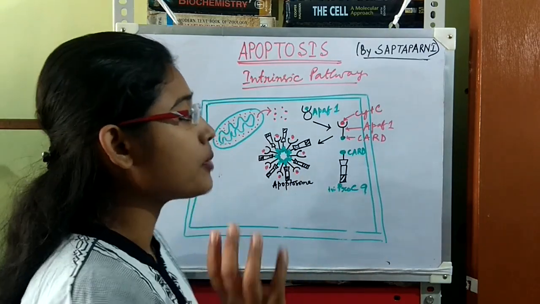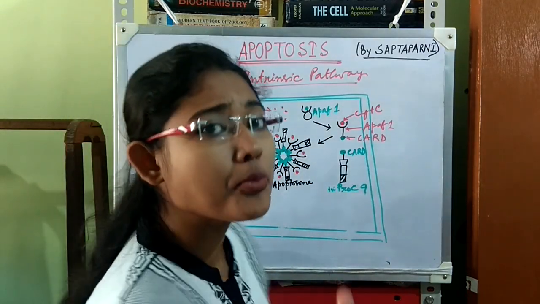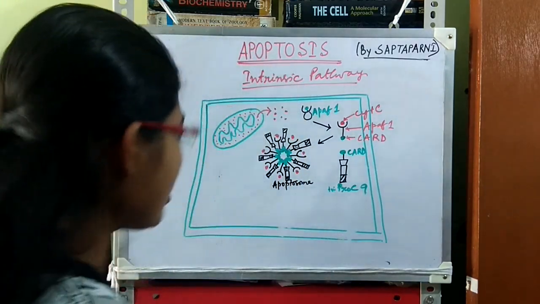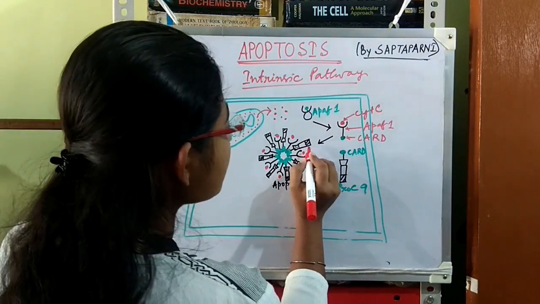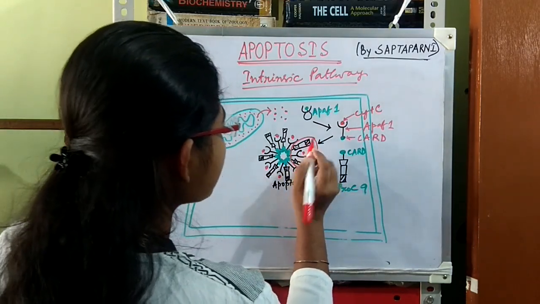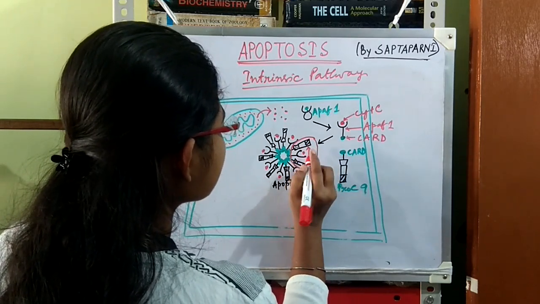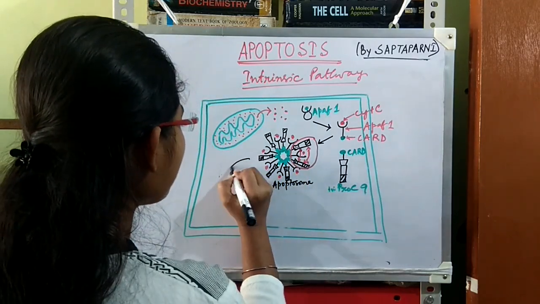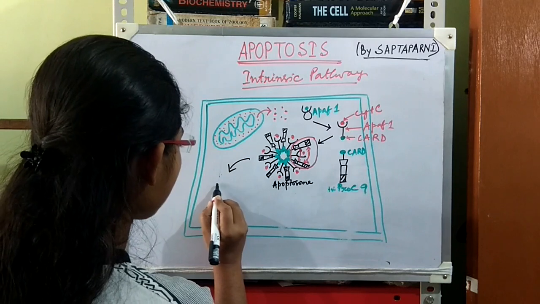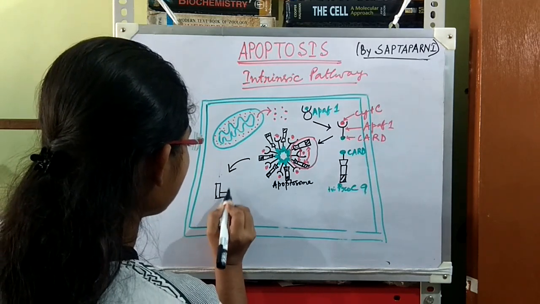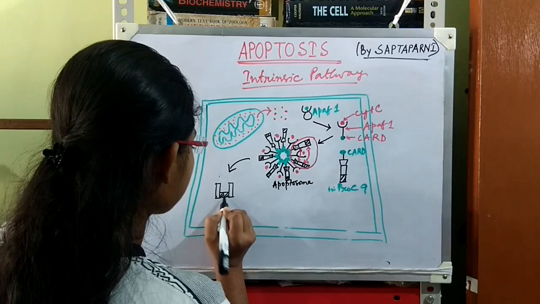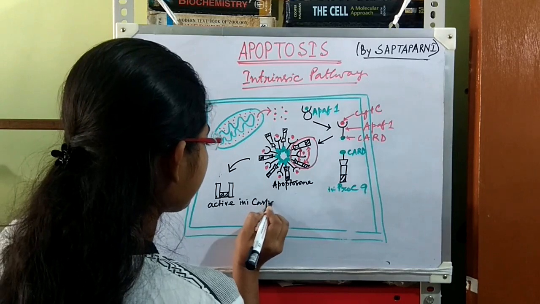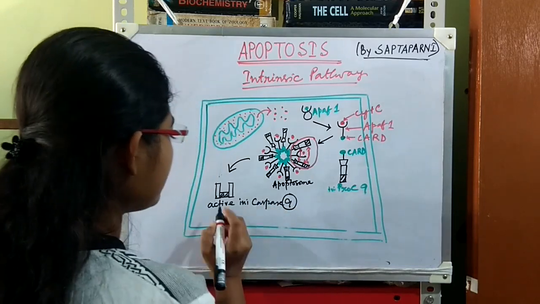We learned in our previous lesson that whenever the initiator procaspases are in close proximity, they cleave each other. So if we take these two initiator procaspases, they will cleave each other at their cleavage sites, and as a result they will form this kind of structure, the active tetramer, the active initiator caspase 9.